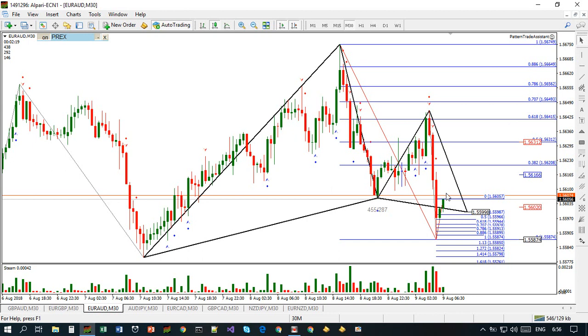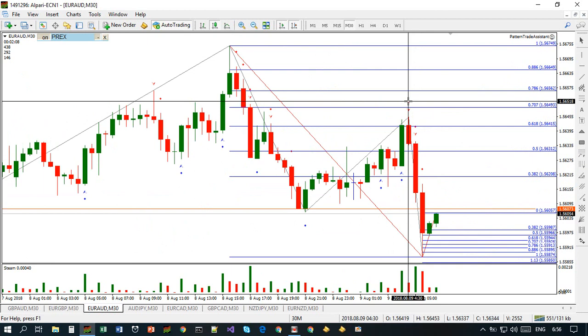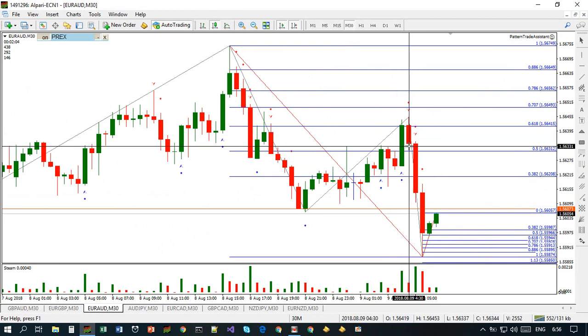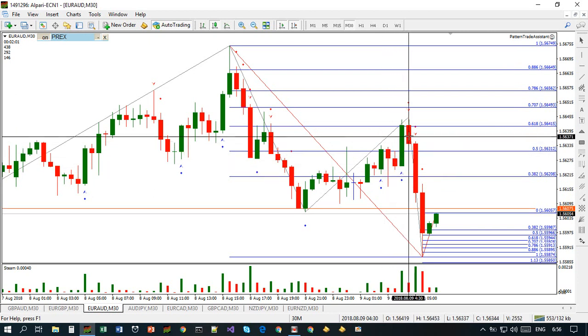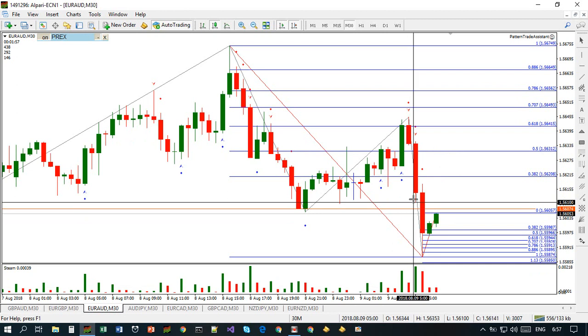Initial thrust typically coincides with the B point, and then we have a retracement. I also want you to pay attention to this price action. We had this momentum slowing down. Here it was still bullish, small momentum, the candle is red.